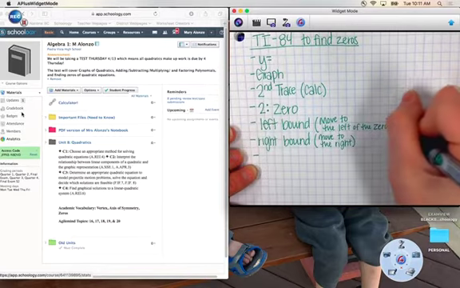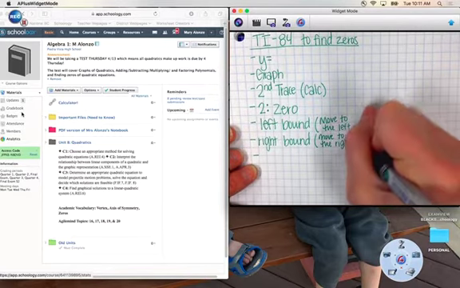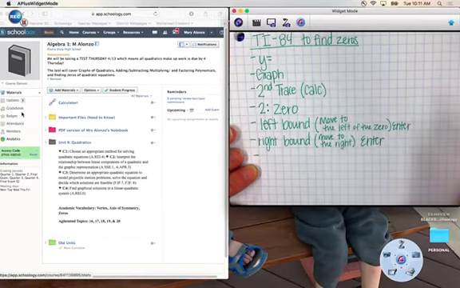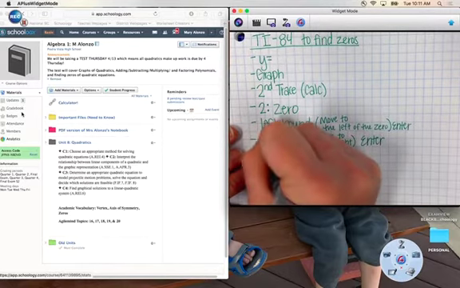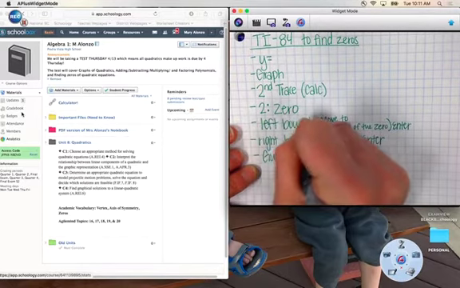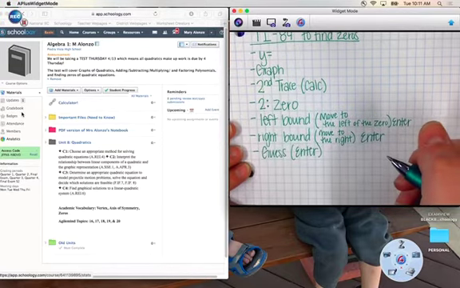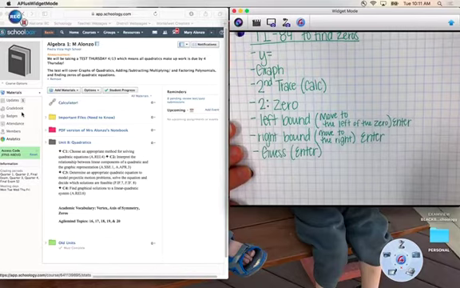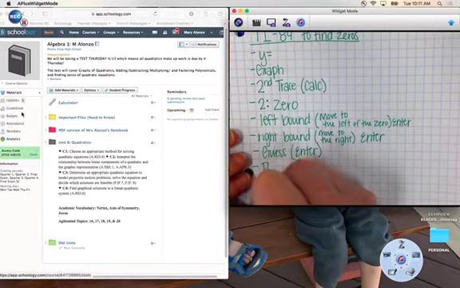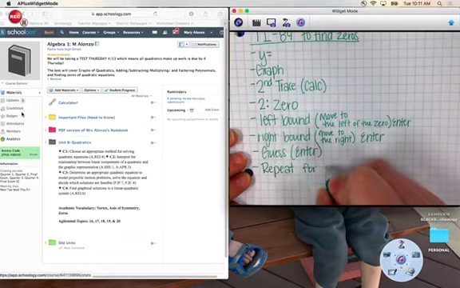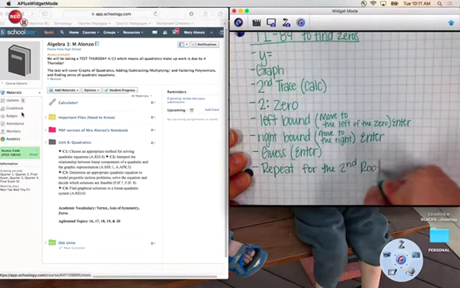You have to enter after that. Sorry, I should have added that. Guess. Enter. And then you have to repeat for the second root.